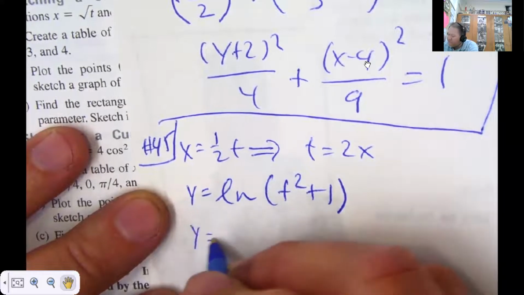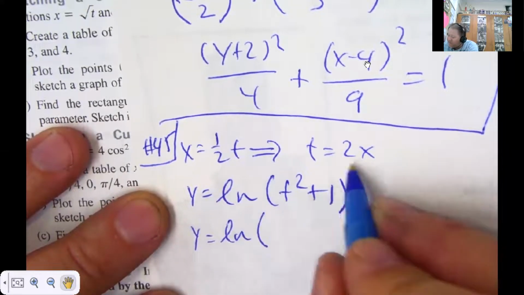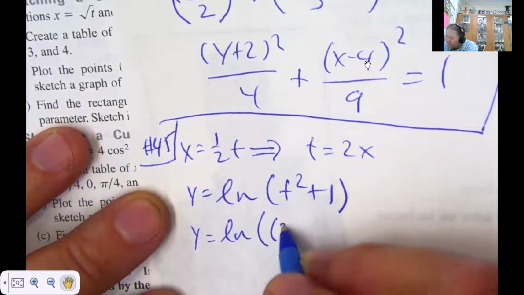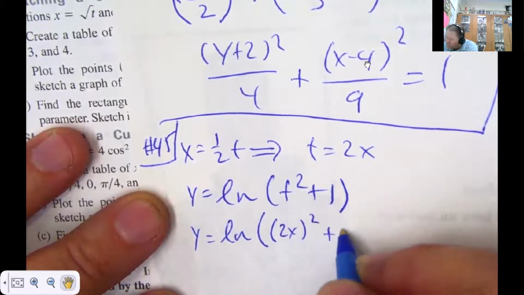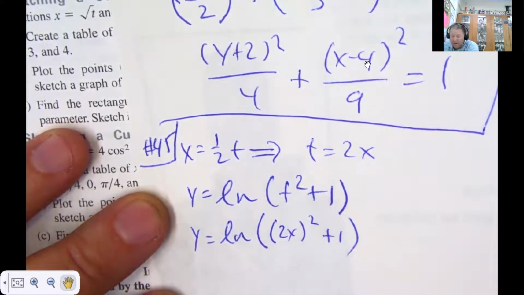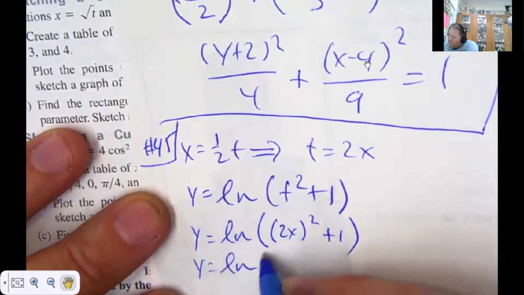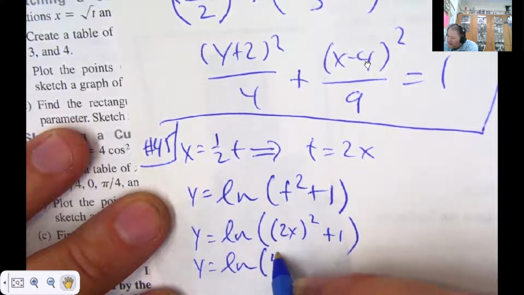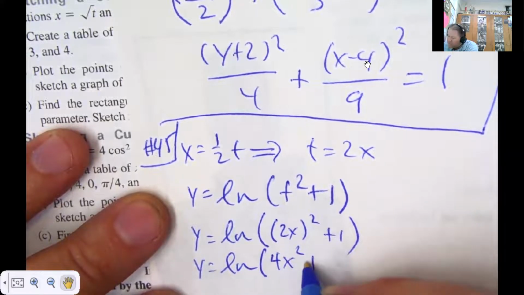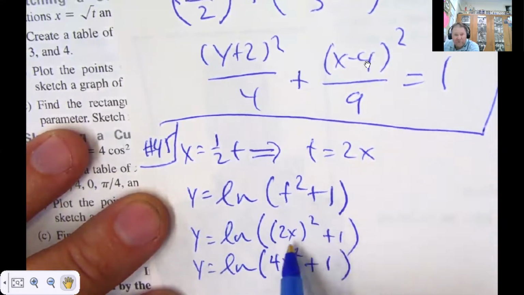It's going to be y equals the natural log of, and for t, I'm going to substitute in a 2x squared plus 1. In which case, this is y equals the natural log of the quantity 4x squared plus 1, right? Because you got to square the 2 and then square the x.